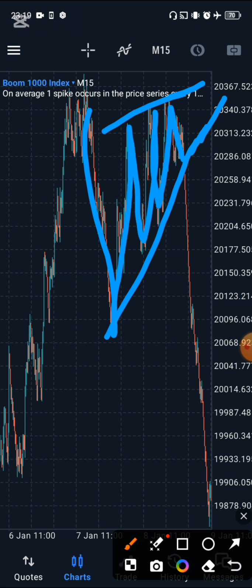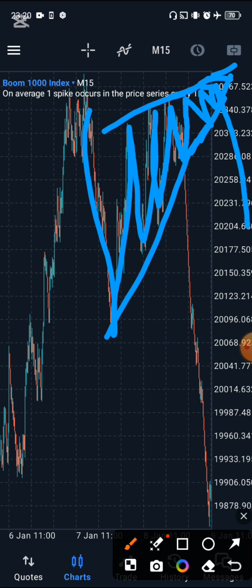Even if we continued right over here, at some point, because we are narrowing down, the market had to break out of this structure. It can either be to the upside or to the downside. But what you have to know is the market eventually has to break out of this structure. And usually when it breaks out, there's an impulsive move.